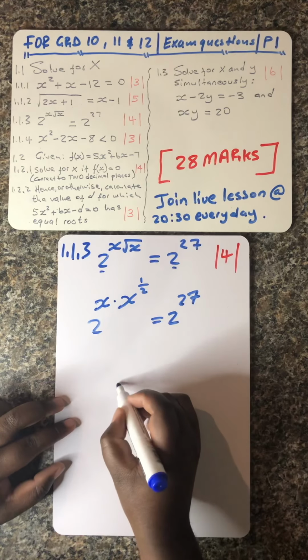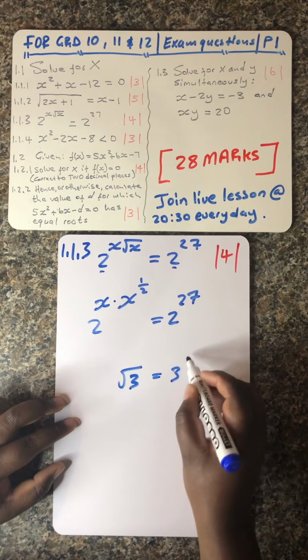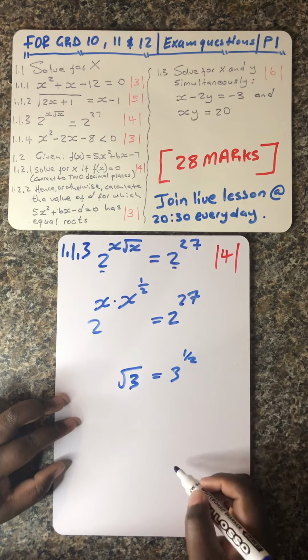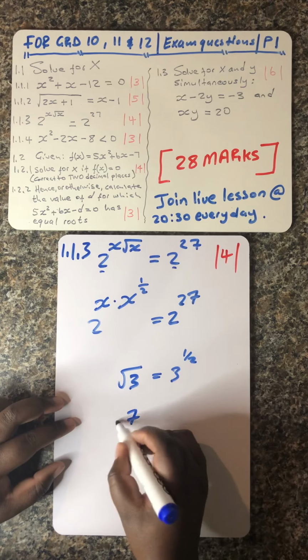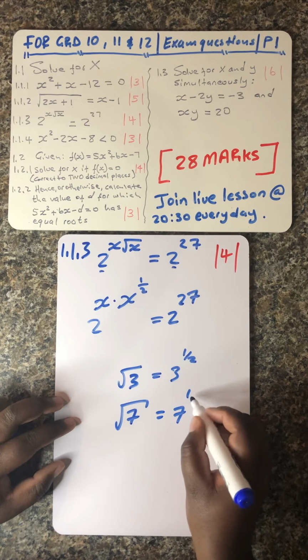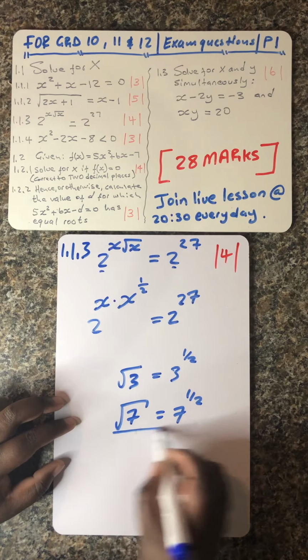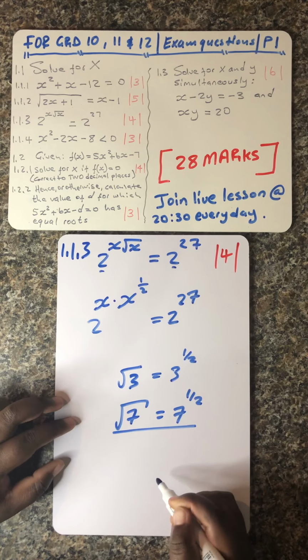So guys, if you have square root of 3, this thing is the same as 3 to the exponent half. If you've got square root of 7, that is the same as 7 to the exponent half. So this is one and the same thing.